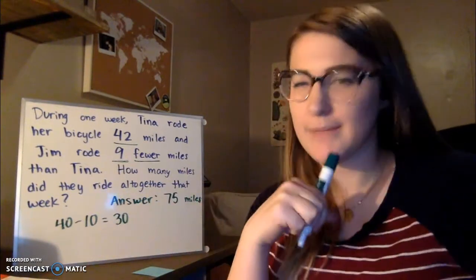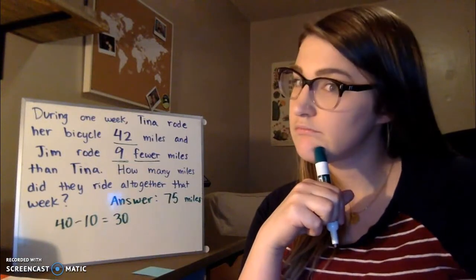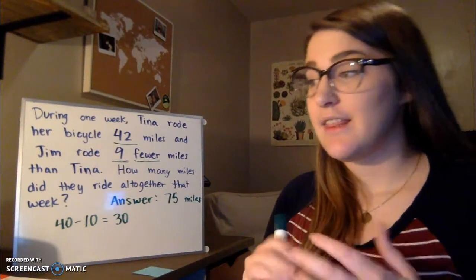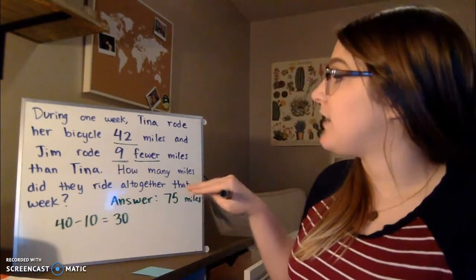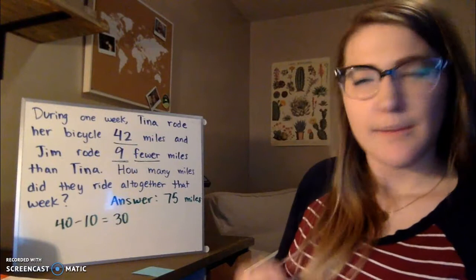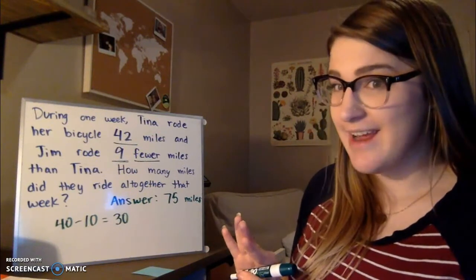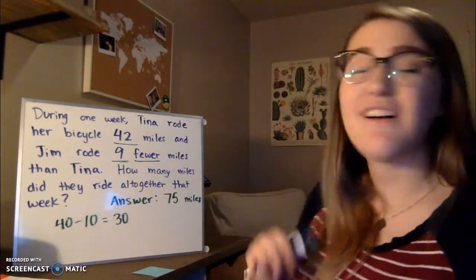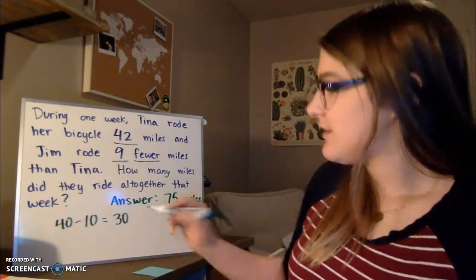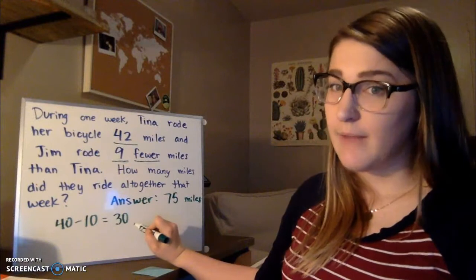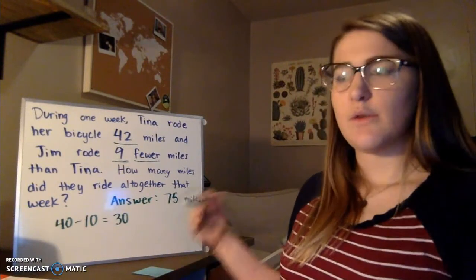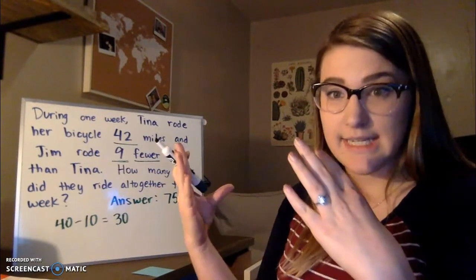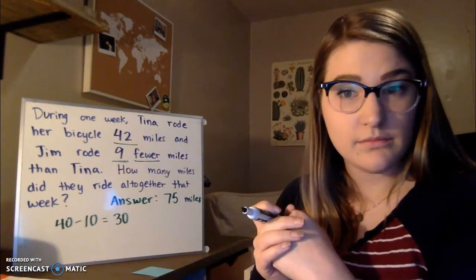So what does that 30 represent? So 30 represents about how many miles Jim rode. But that's not what the question is asking us, right? We're not done here because it's asking us how many miles did they ride all together that week. So this just tells us how many miles Jim rode. So if we want to know all together how many miles they rode, Jim and Tina, what do we need to do?